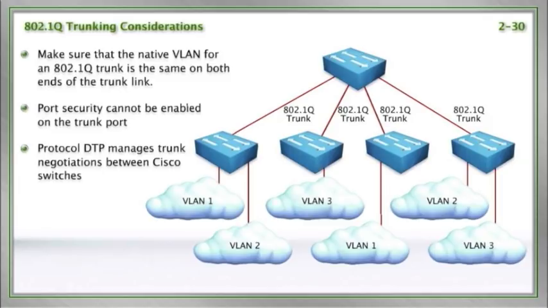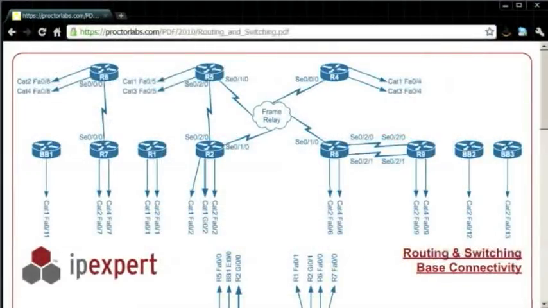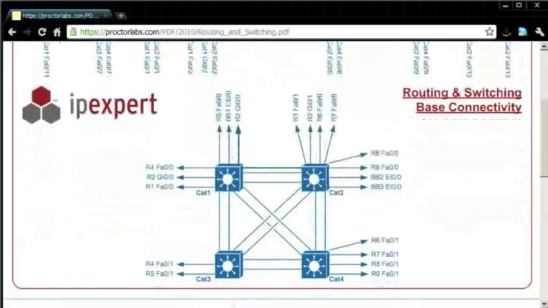Now, what I need to do before we can do that is see real quick the topology, and I'll show you here in a second. In fact, I can show you right now. Let's take a look at the topology that is utilized by our Proctor Labs folks for the switches.